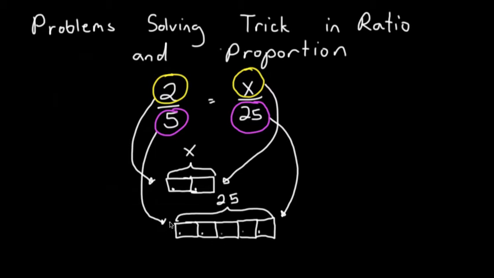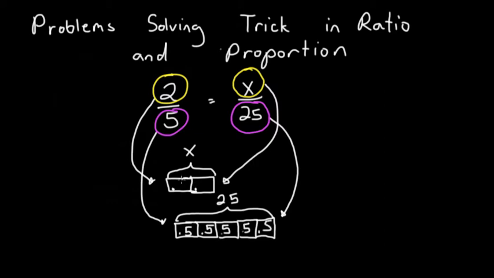Now, remember that I have told you before that in order for us to know the x, we have to know the values of each of the box. Okay? So what can help us in finding out the value of each box? Let's take a look at this one. 5 boxes is equal to 25. So that should give you the value of a single box. If 5 boxes is equal to 25, then that means that each box is equal to 5.